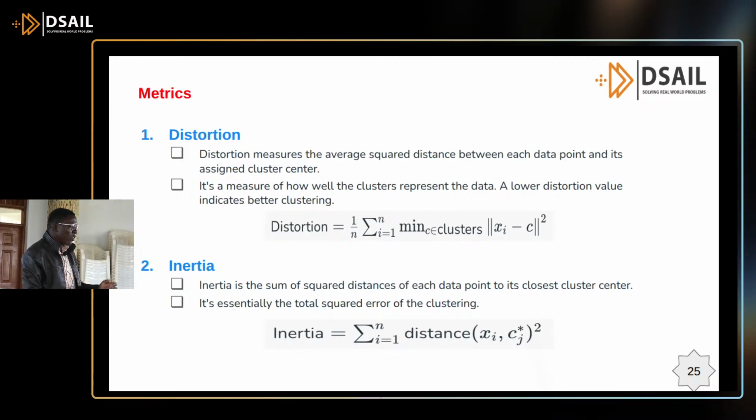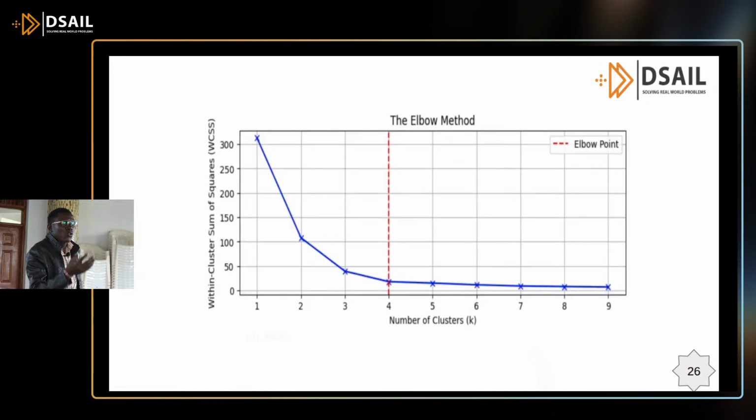And the reason why it's called an elbow method is that it starts from somewhere high. As you increase the number of clusters, the value of the within cluster sum of squares drops. So once you have plotted this, the place where the elbow forms, where it becomes almost horizontal and the change is small, is where you can choose your optimal k.